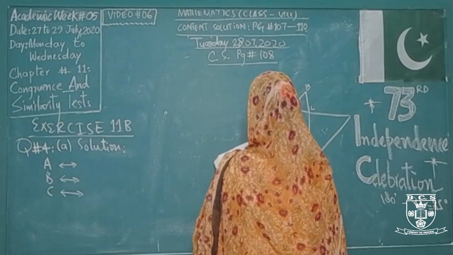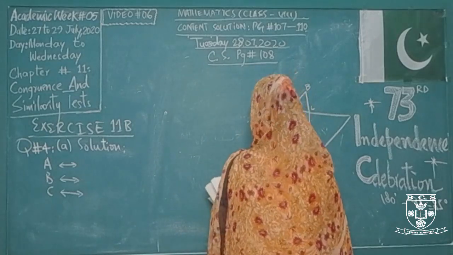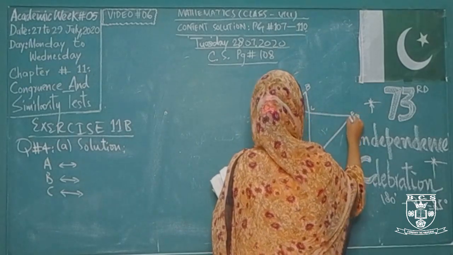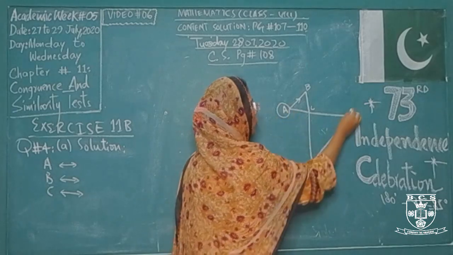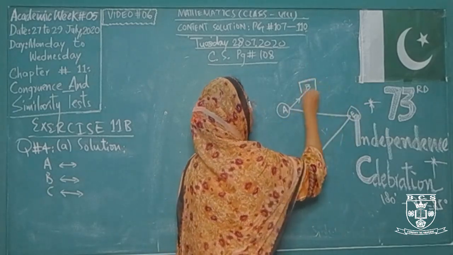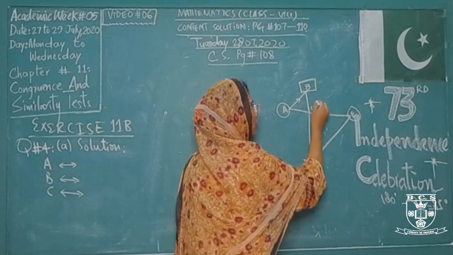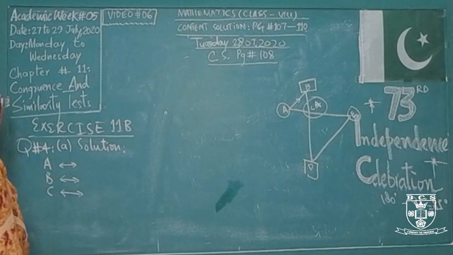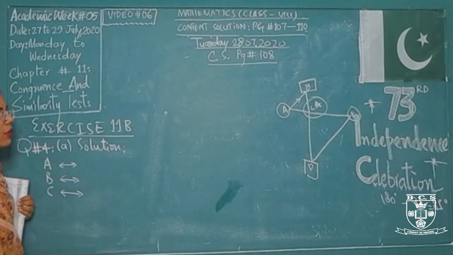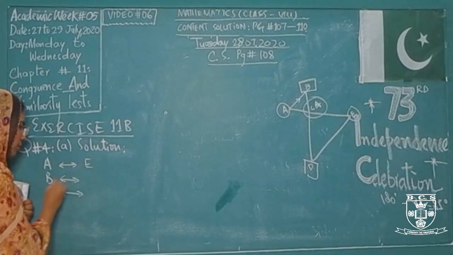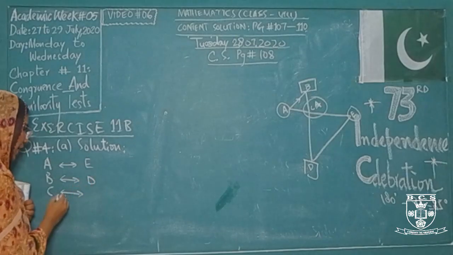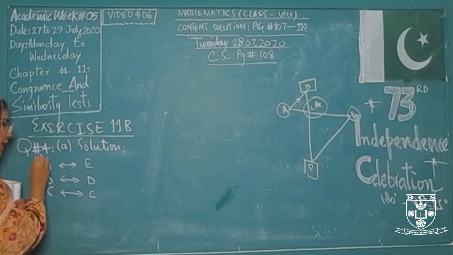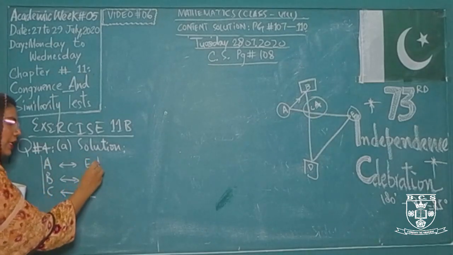This arrow is representing the position of the triangle, and there is D and E. Now A is corresponding to E, B is corresponding to D, and C is equal to itself. C is a common point for both the triangles, so C is corresponding to itself, A is corresponding to E, B is corresponding to D, and C is corresponding to itself. So we are having the two different triangles, triangle ABC and triangle EDC.